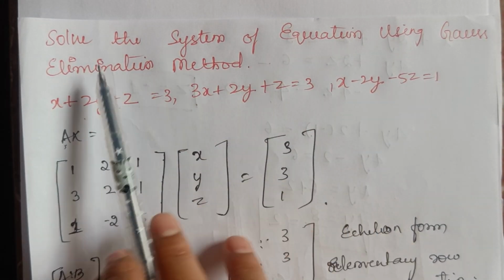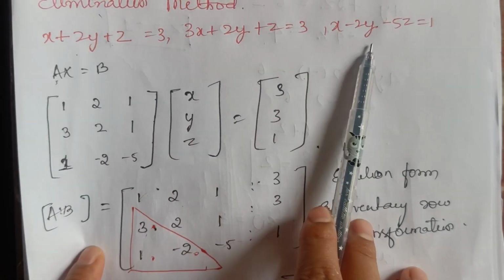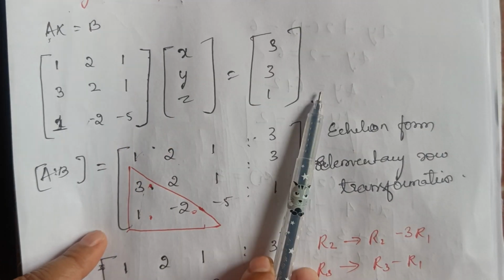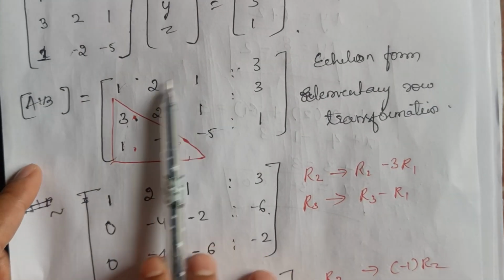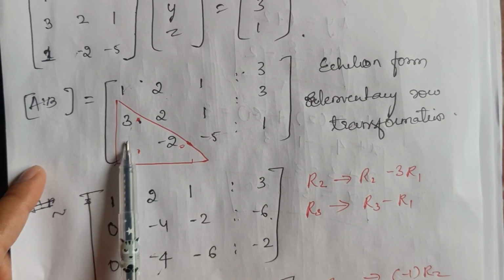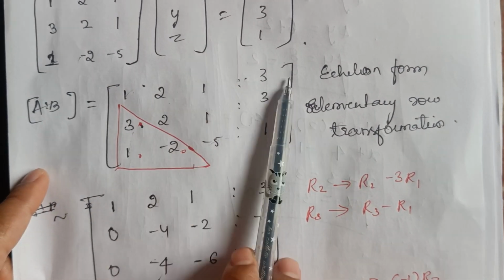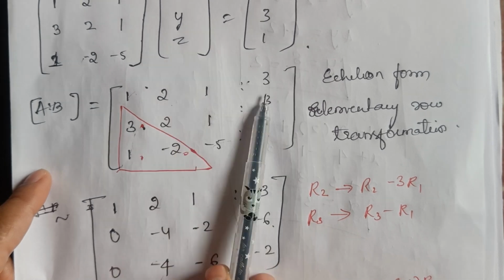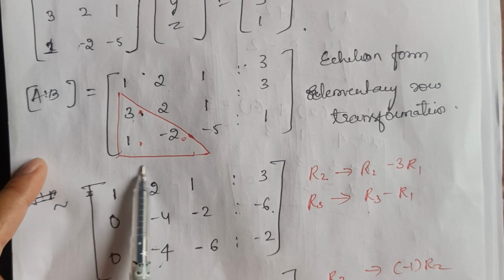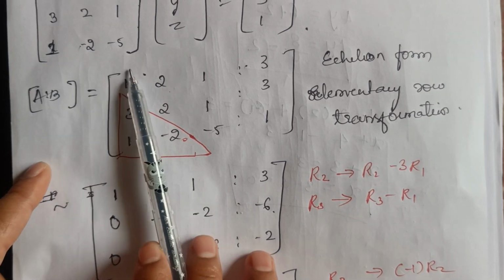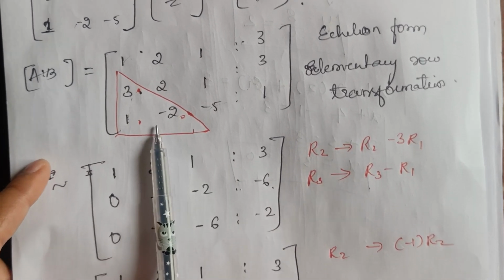If you haven't understood this, I'll recap. Solve the system of equations using Gauss's elimination method. This is the system of equations given. I have written it as Ax equals b, and the augmented form is this. We have to convert this into an upper triangular matrix using the echelon form or elementary row transformation, so all the elements below the diagonal have to become 0.